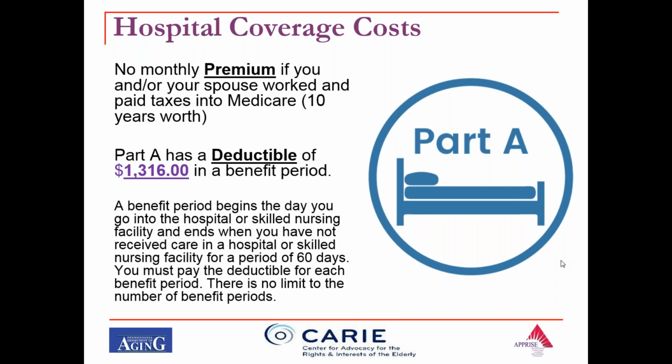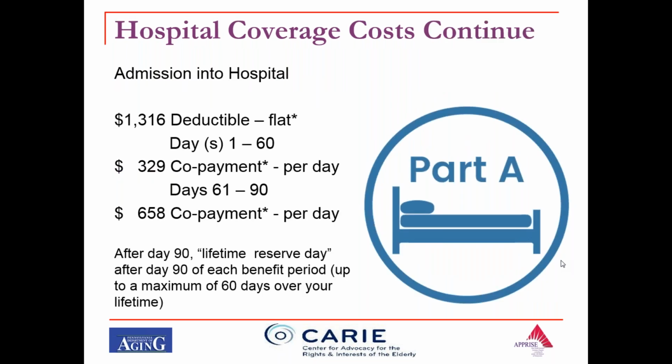That means if you were admitted to the hospital for one night or for 10 nights, you're going to be responsible for $1,316, and that's in a benefit period. I have a little explanation there of what a benefit period is, but the hospital bill could have been $10,000 to $20,000, and you're going to be responsible for that $1,316.